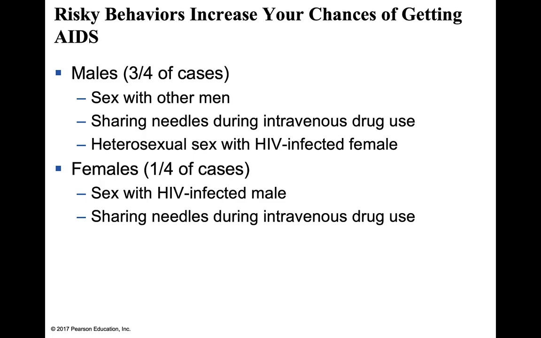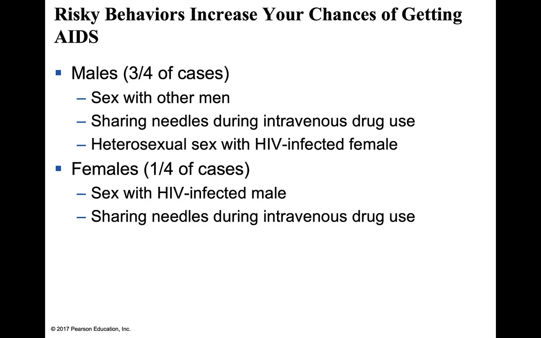Now, one thing that we do know: risky behavior significantly increases your chance of getting AIDS. Males account for about three-quarters of cases. Typically, it's sex with other men, sharing needles during intravenous drug use, or heterosexual sex with an HIV-infected female. Women account for about 25% of the cases, typically sex with an HIV-infected male, or sharing needles during intravenous drug use.